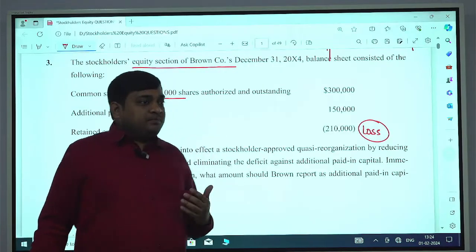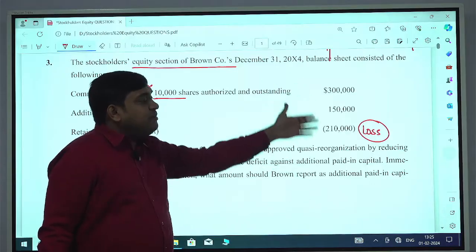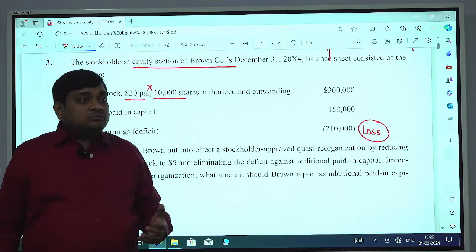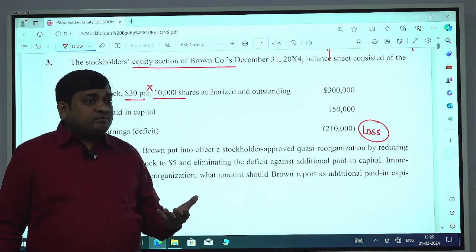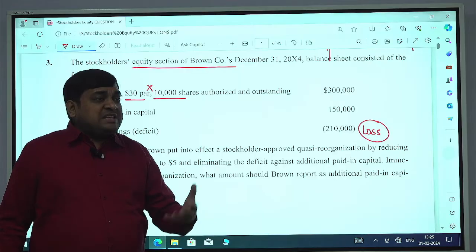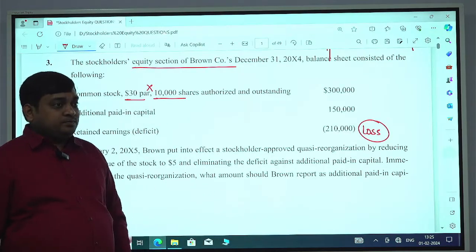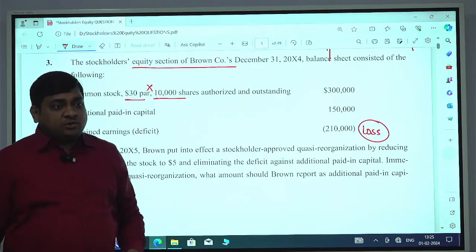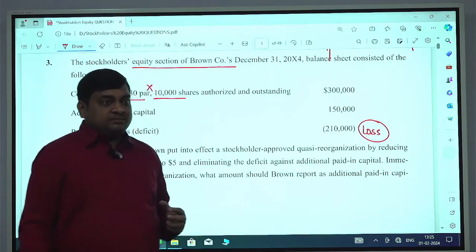With this given balance sheet, no one will be able to give you loans. Will you give a loan to a company that is having a series of losses? No. So some kind of internal reconstruction you have to do. That is quasi reorganization.